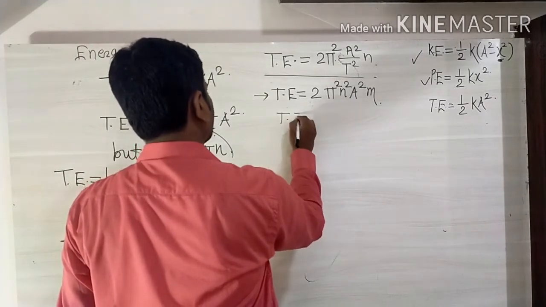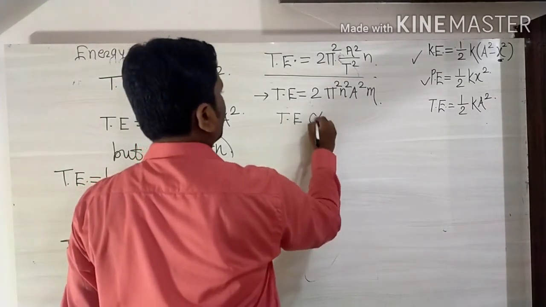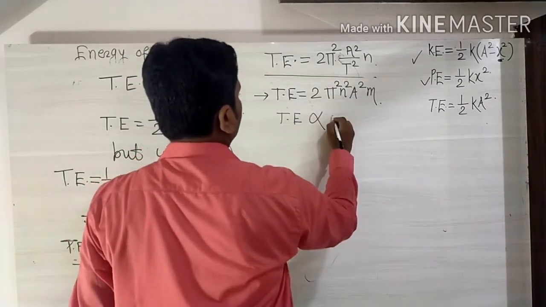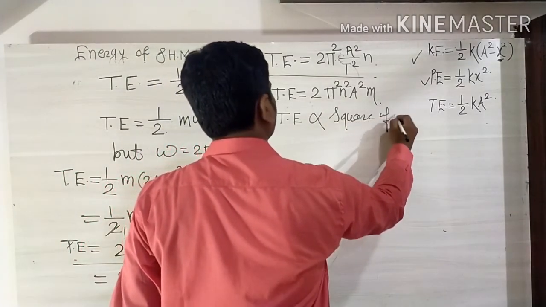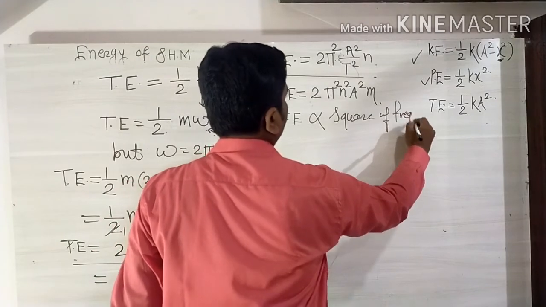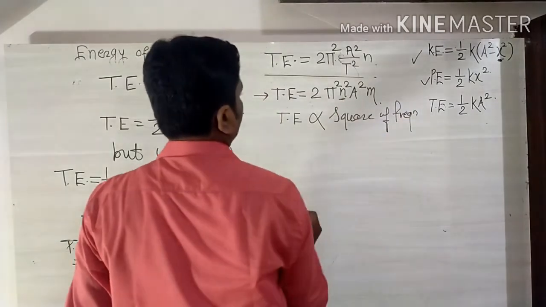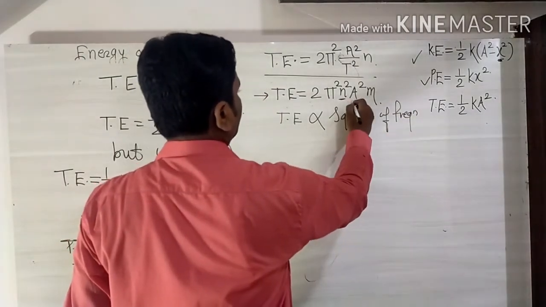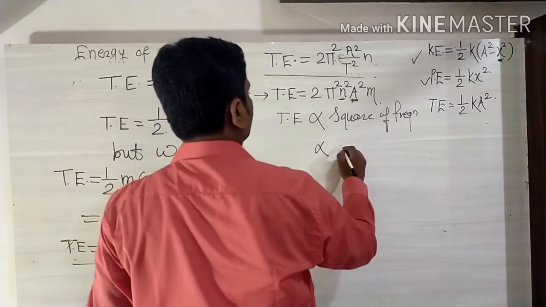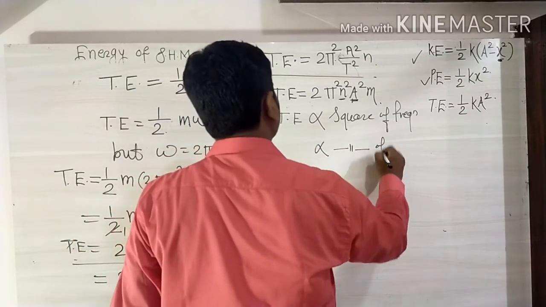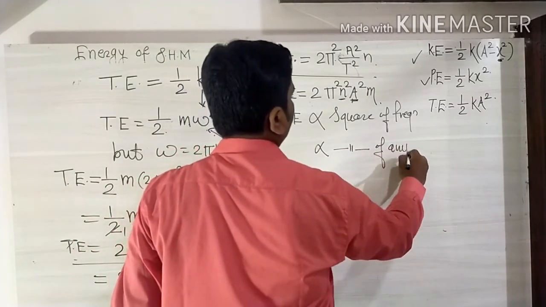So by this equation we say that total energy is directly proportional to the square of frequency. Also it is directly proportional to the square of amplitude.